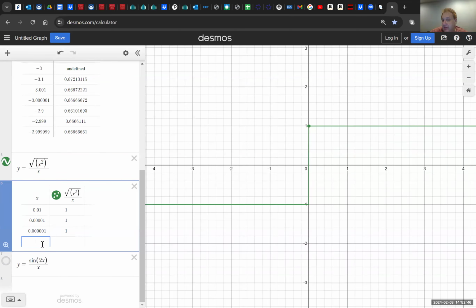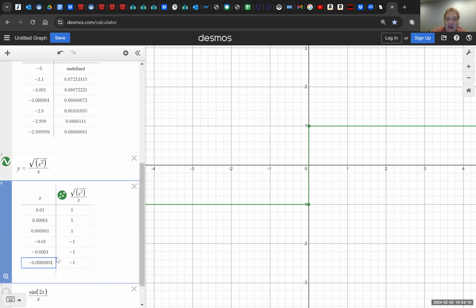Let's look at values from the other side, which would be x values slightly smaller than 0. Things that are slightly smaller than 0 would have a negative, like -0.01 or -0.0001, something like that. Okay, I'm again seeing a pattern right away because it's not even changing, right?